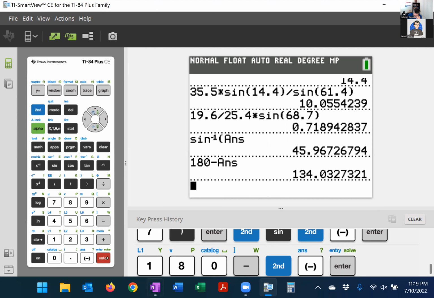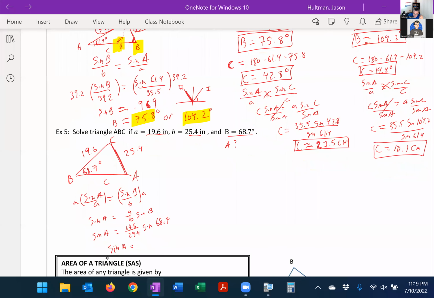So we know that the sine of angle A was approximately 0.719. So A could have been equal to 46 degrees or 134 degrees. Okay, so let's look at the first triangle. However, let me look at the obtuse angle here real quick, because I can eliminate a triangle right now. Why?